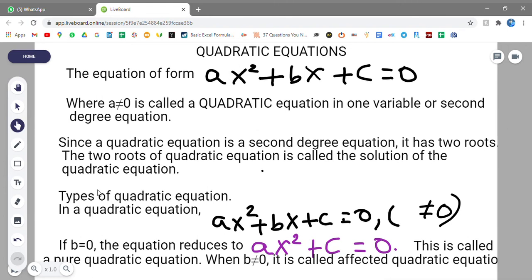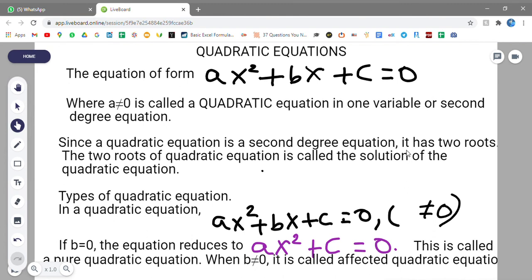Now in quadratic equations, firstly the equation is going to be in the form of ax square. If you see, the highest degree of the equation is square here. So ax square plus bx plus c is equal to 0.